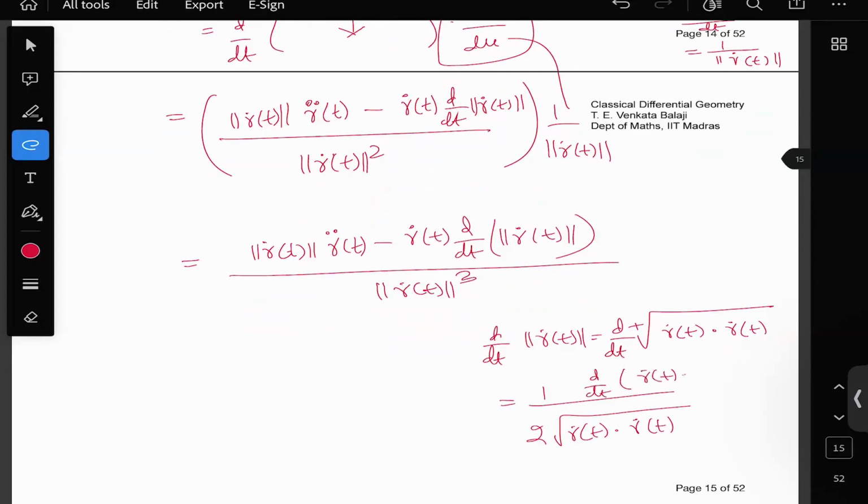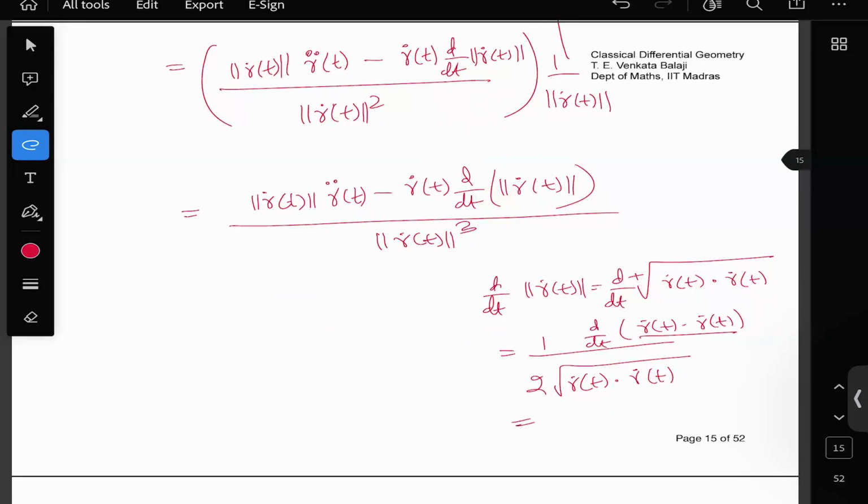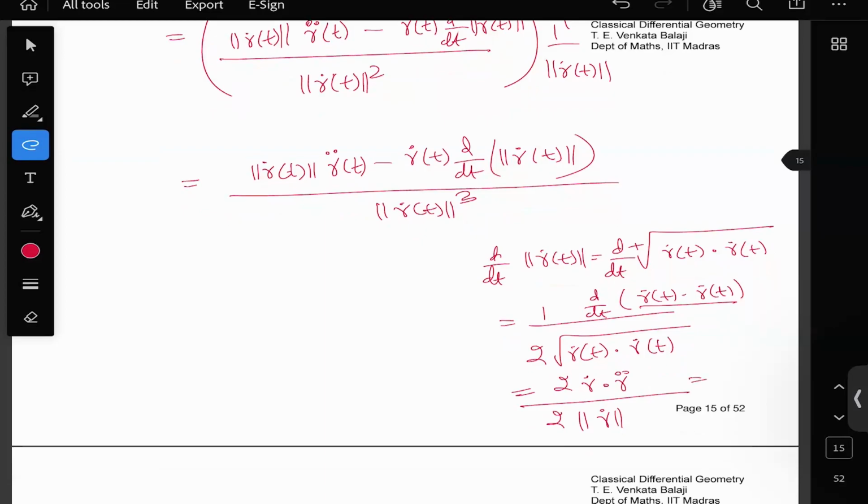If you apply the product rule, I'll get 2 gamma dot dot gamma double dot. So basically I get 2 gamma dot dot gamma double dot divided by 2 times the norm gamma dot. So at the end I will get gamma dot dot gamma double dot divided by norm gamma dot. This is what I get.